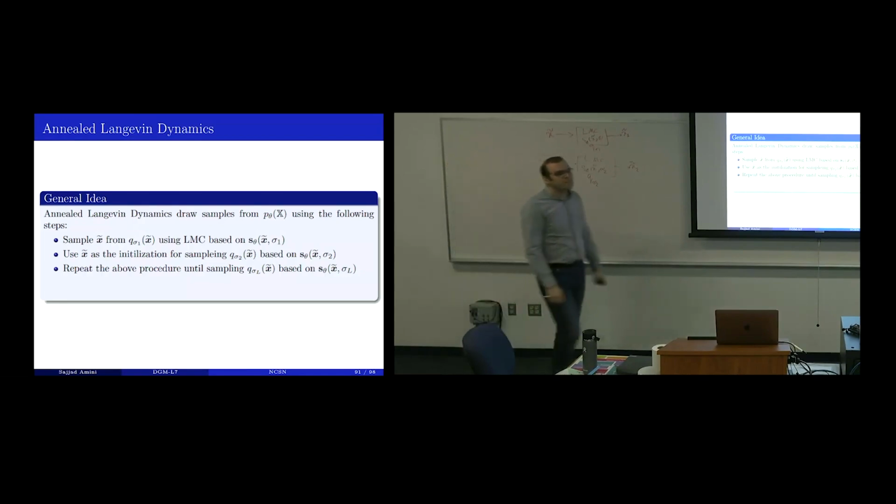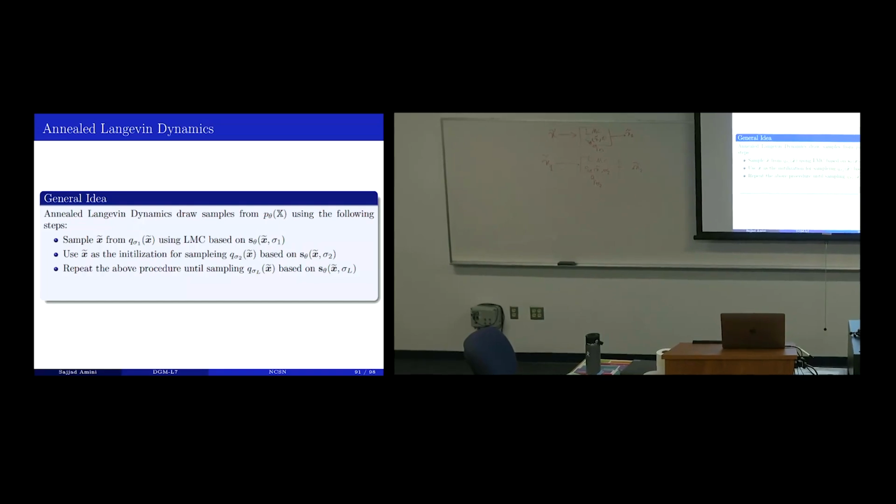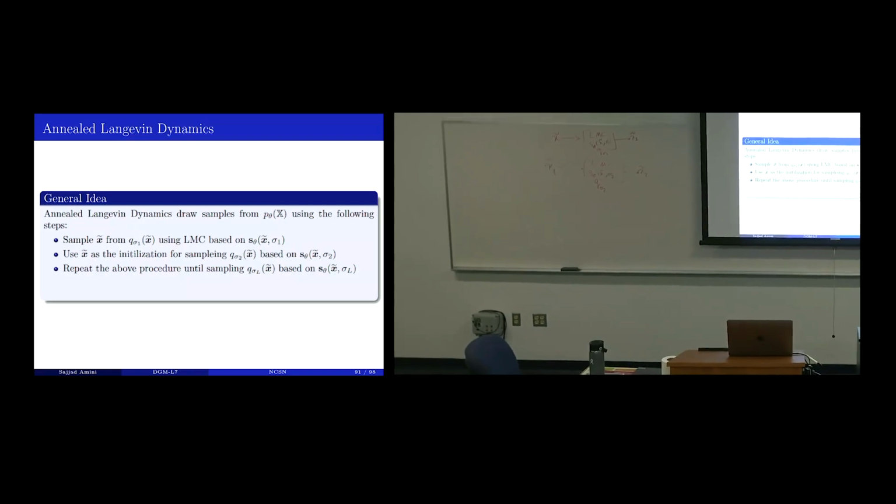Yes. You mentioned earlier that the noise for the input that is plugged into S theta of X and sigma 2 should also match sigma 2. Sigma 2, yes. But here in the bottom figure, the noise added to the input is sigma 1. Sigma 1, yes.